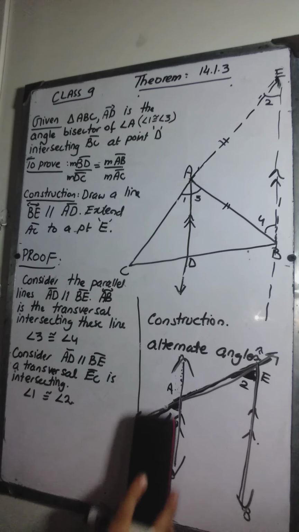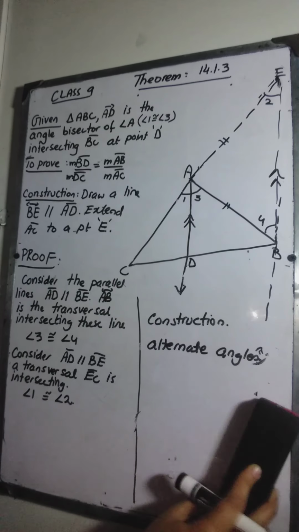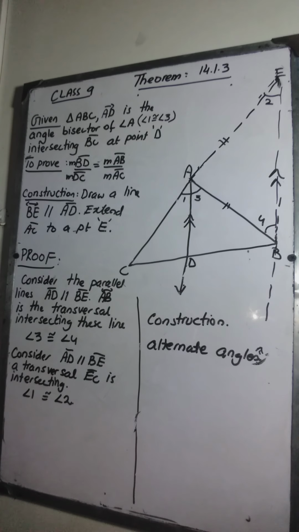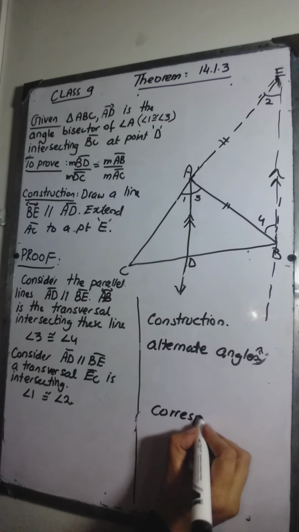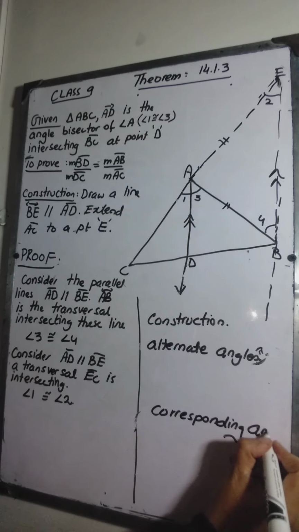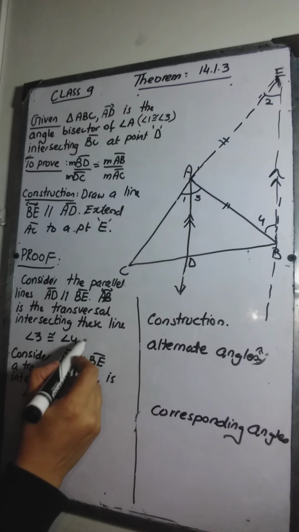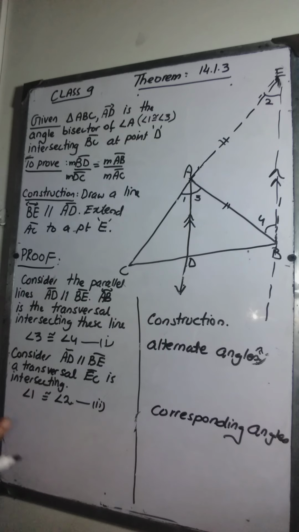Now I can erase this. The reason for this is corresponding angles. Now name this as 1, this as 2.